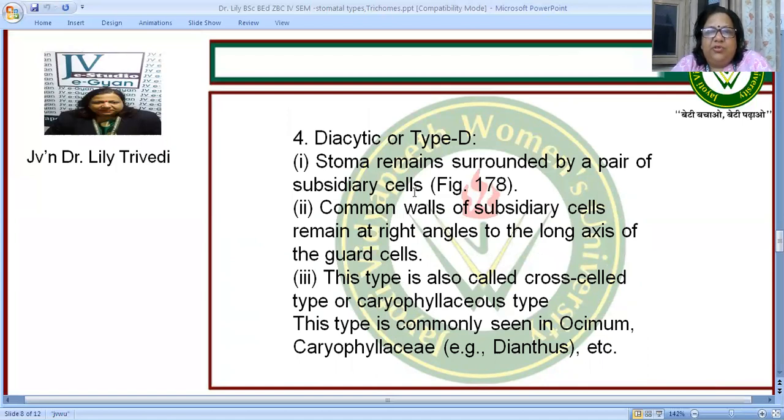The common walls of the subsidiary cells here are at right angles to the longitudinal axis of the guard cells. So this type is called cross cell type or caryophyllaceous type. It is commonly seen in Ocimum or Caryophyllaceae, for example Dianthus.